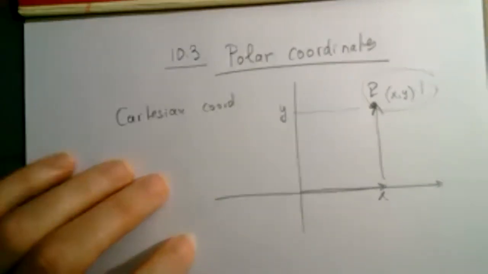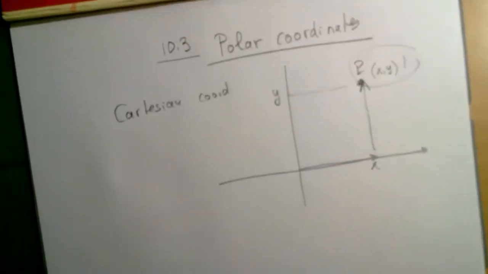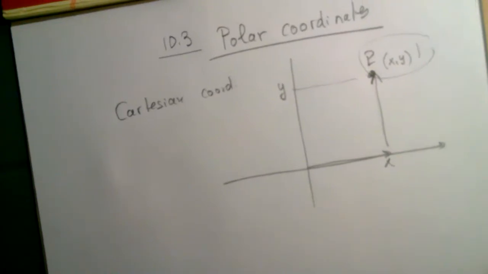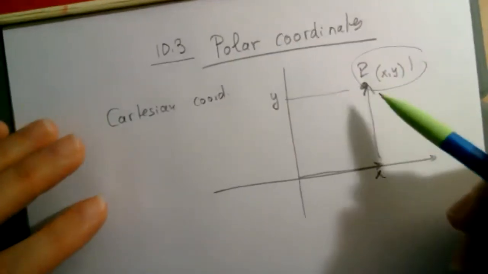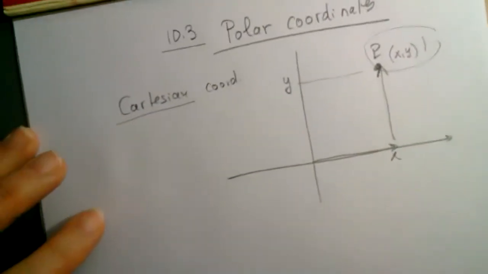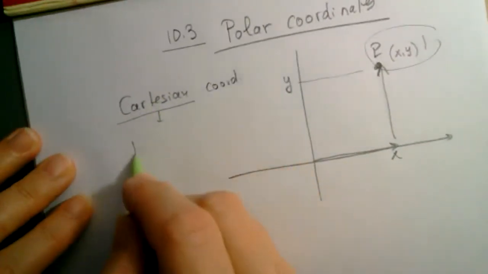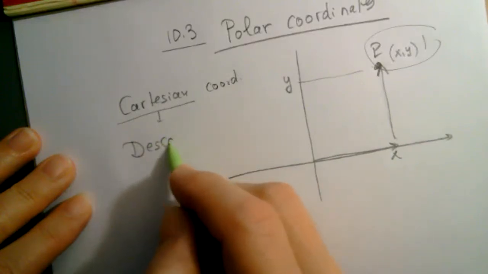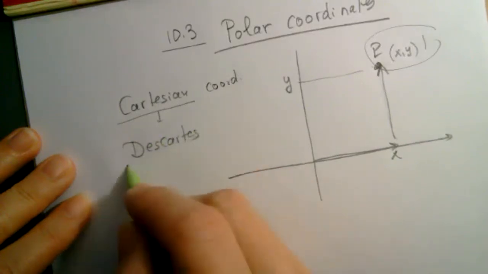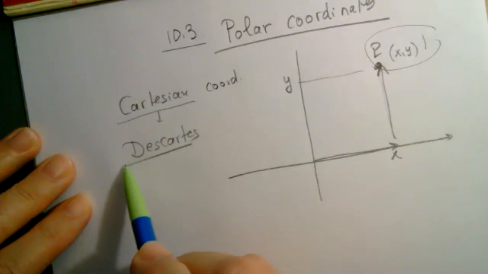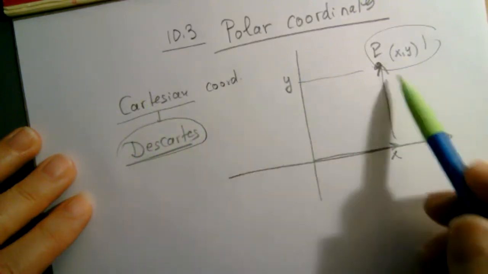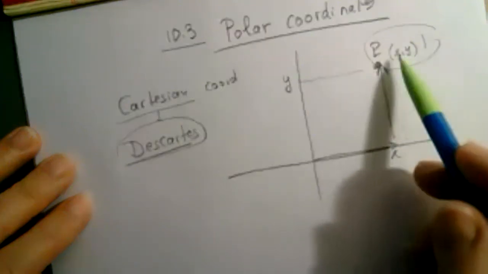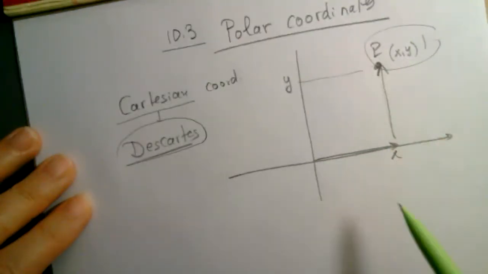Now, there is another way to locate a point in the plane that we are going to call the polar coordinate. Cartesian is named after Descartes, who came up with the idea that to locate a point in the plane, we can locate it by studying the x and y distance.